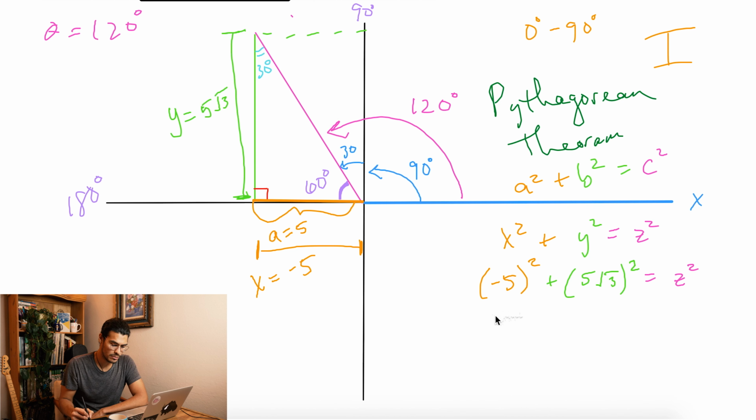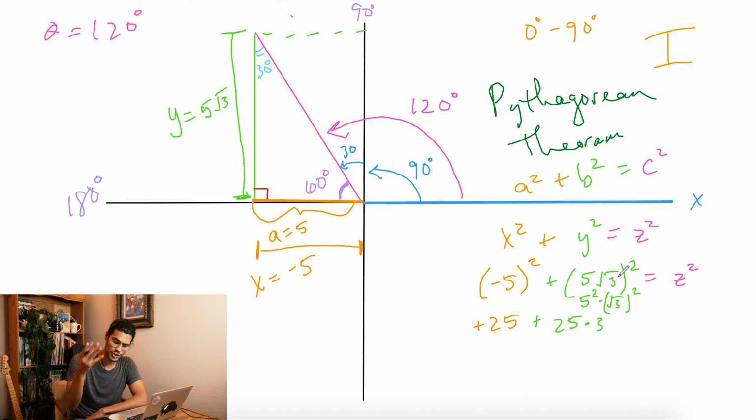So we'd say, okay, cool. (-5) squared, well, negative times a negative is going to give us positive. So positive 25 plus 5 squared here. Remember when we do 5 root 3, it's like saying 5 squared times root 3 squared. So we're going to have 25 times 3.